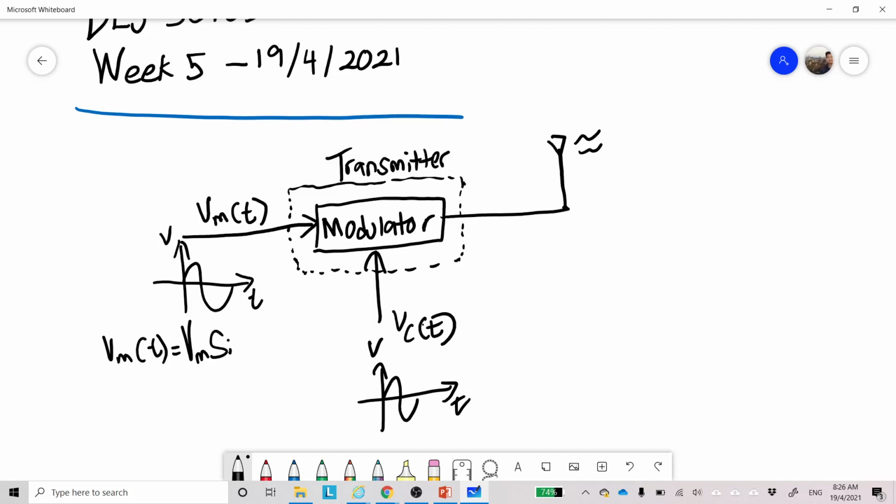And we produce output here as what we call the VAMT.